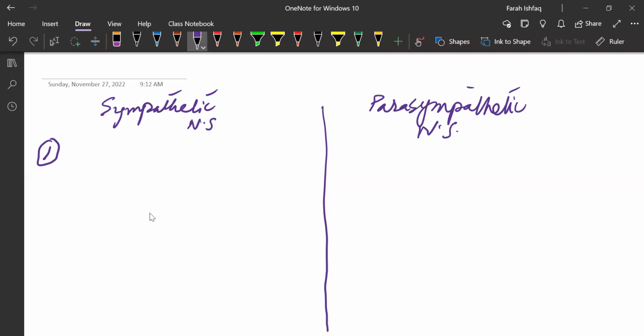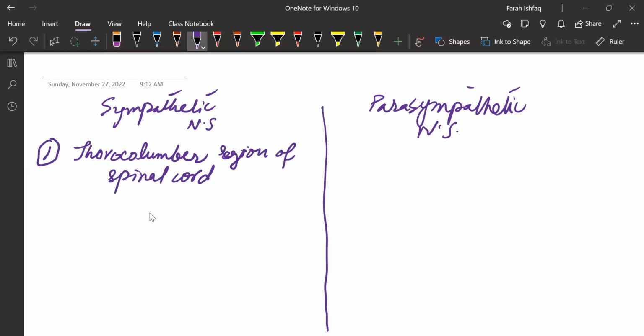Preganglionic neurons in the sympathetic system are located in the thoracolumbar region of the spinal cord, from T1 to L2 or L3, in the lateral horn of the thoracolumbar region of the spinal cord.